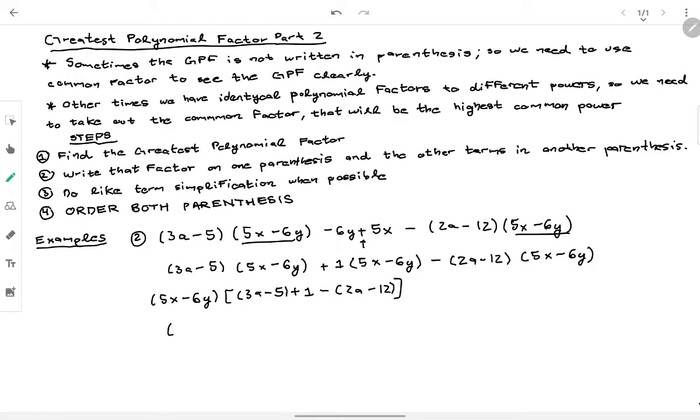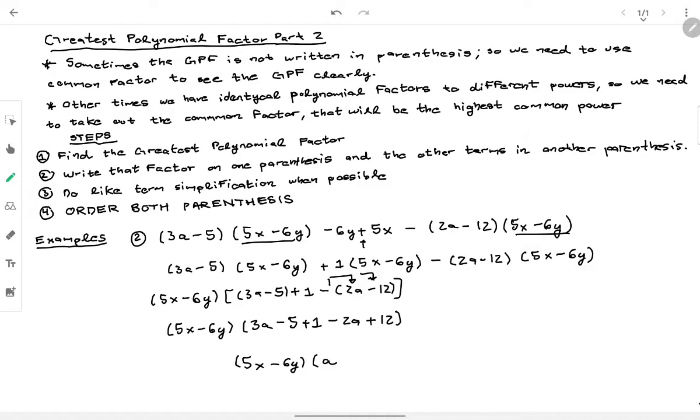So it's going to be 5x minus 6y that multiplies 3a minus 5 plus 1. Remember the minus sign changes the signs of both, so it's going to be minus 2a plus 12. So it's going to be 5x minus 6y that multiplies a.